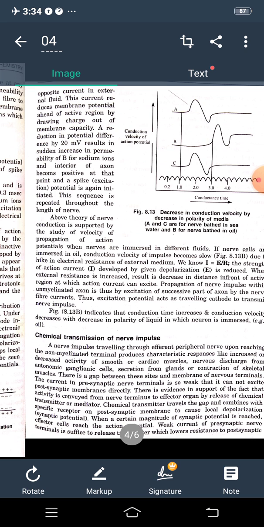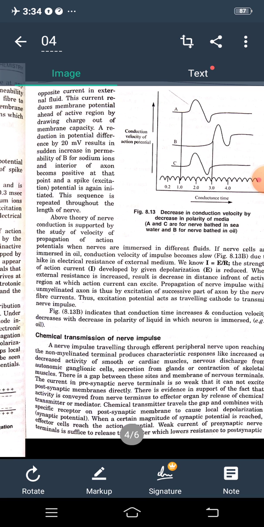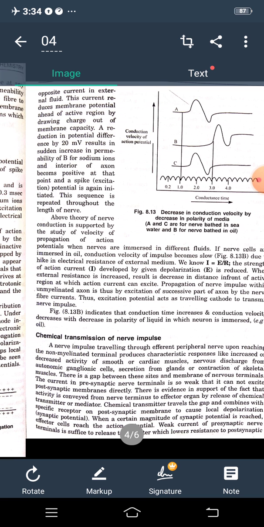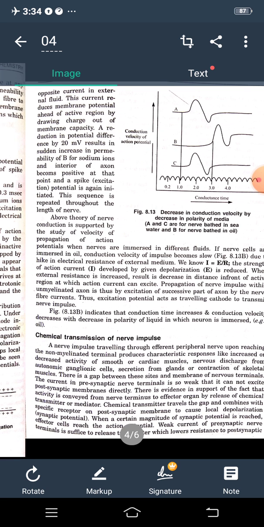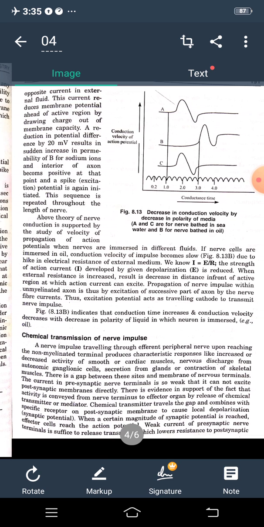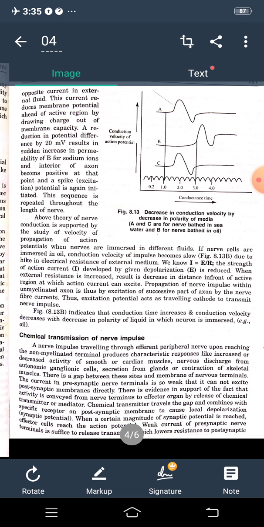This current reduces membrane potential ahead of the active region by drawing charge out of the membrane capacity. A reduction in potential difference by 20 millivolts results in a sudden increase in permeability of B to sodium ions, and the interior of the axon becomes positive at that point, and a spike excitation potential is again initiated. This sequence is repeated through the length of the nerve.